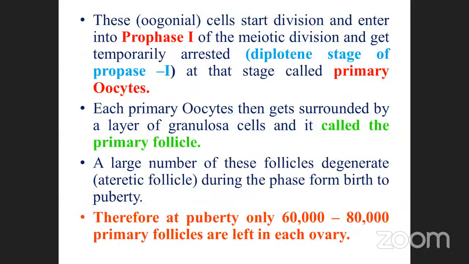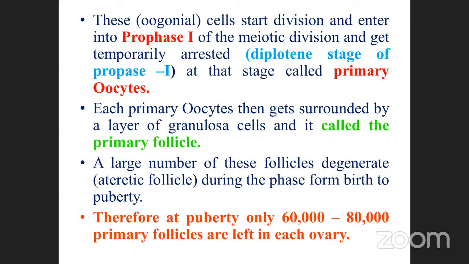See here. These oogonial cells start division and enter into prophase 1 of the meiotic division and get temporarily arrested at the diplotene stage of prophase 1. Sometimes they may ask which stage.